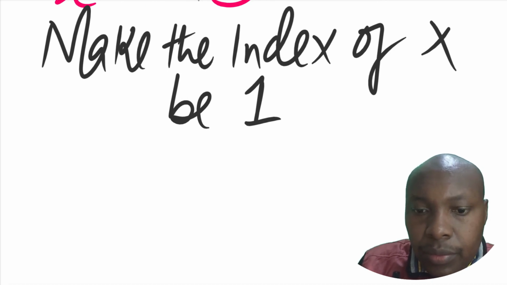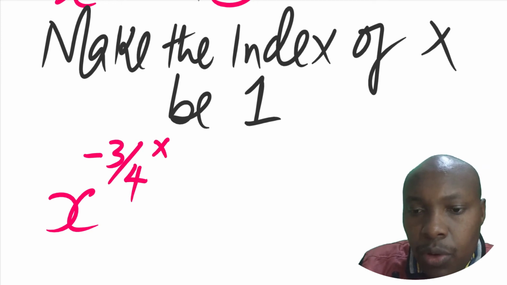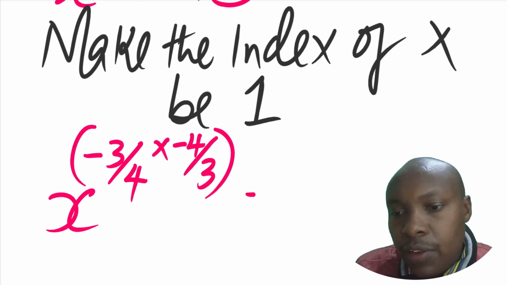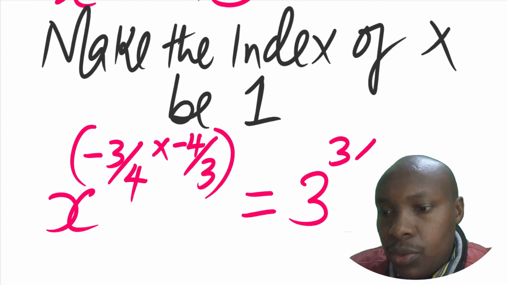x raised to negative 3 over 4, we multiply by the reciprocal, which will be negative 4 over 3, that is on the left hand side. Then on the right hand side, we do the same.